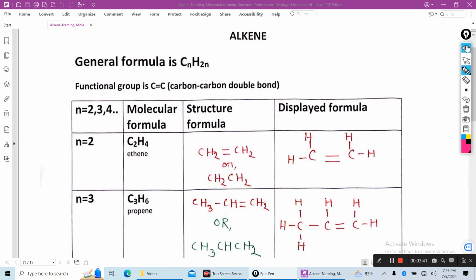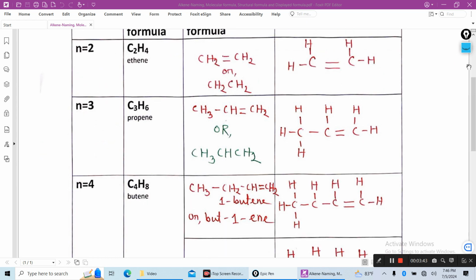Now if you keep n equal 3, the general formula you know for alkene is CnH2n. So if you keep n equal 3, C3 and 2 times 3 is 6.